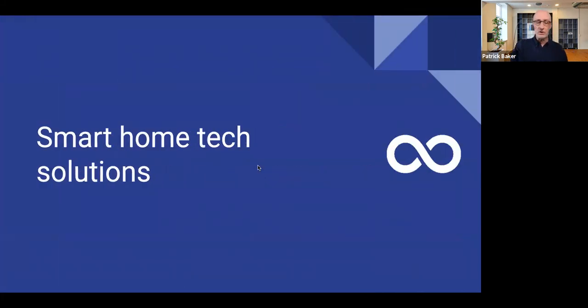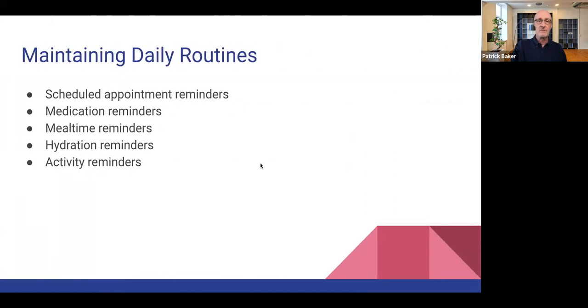So what are some solutions that we can deploy in the homes for older adults when they want to utilize this kind of technology? So let's talk first about daily routines. One of the most important things for anyone really, but especially for our older adult community, is maintaining a daily routine.